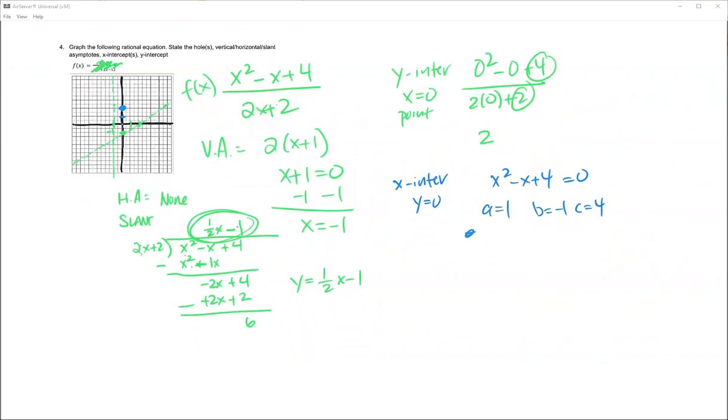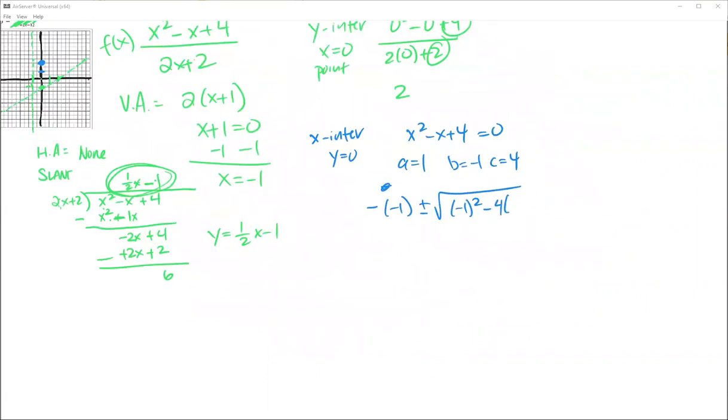So it'll be -1 plus or minus the square root of -1 squared minus 4 times what? a is 1, c is 4, all over 2 times 1.